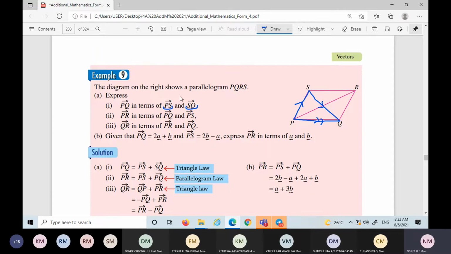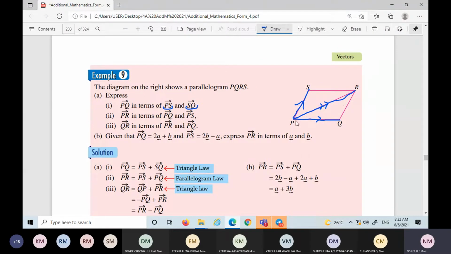Next, PR, P to R, by using PQ and PS. So this is the parallelogram law.